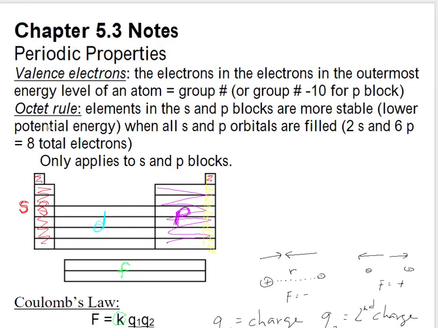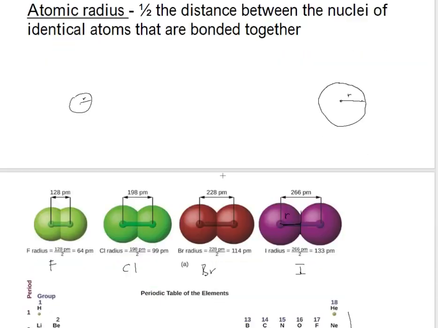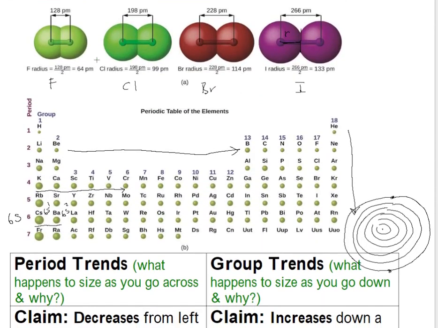So I didn't really change the radius by adding an electron to the same energy level. What I changed was the number of charges, and a greater charge, positive and negative, is going to lead to a greater force.